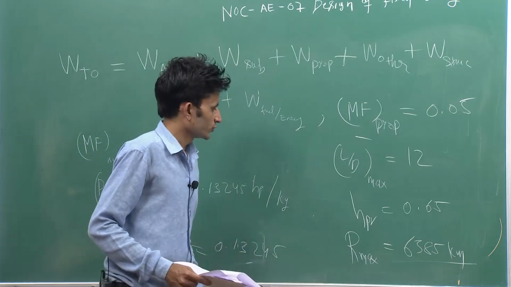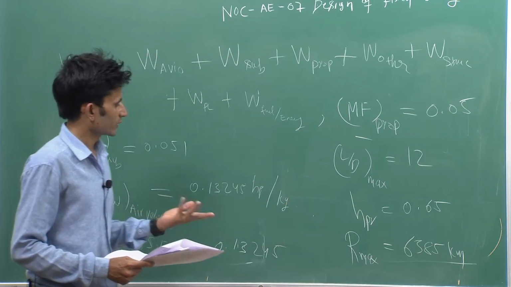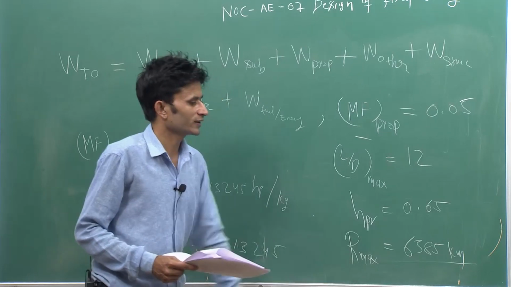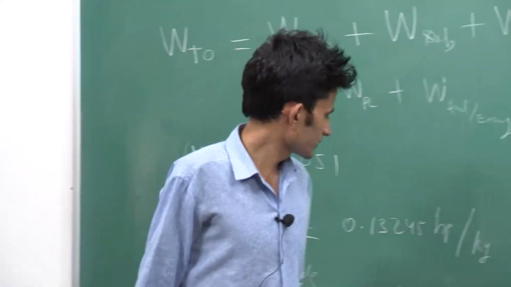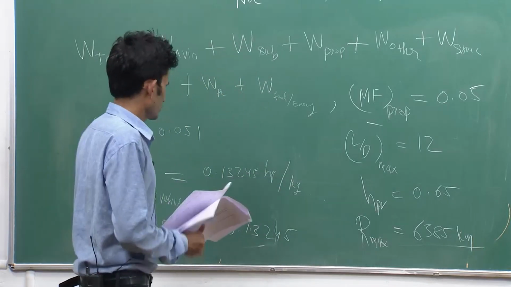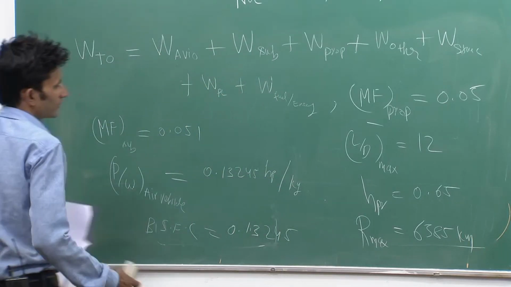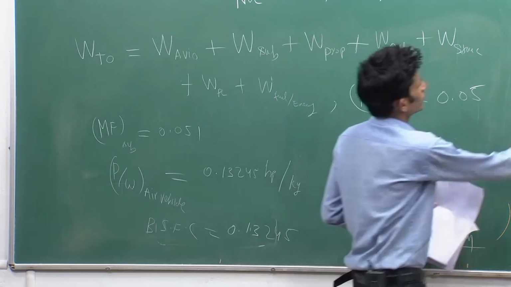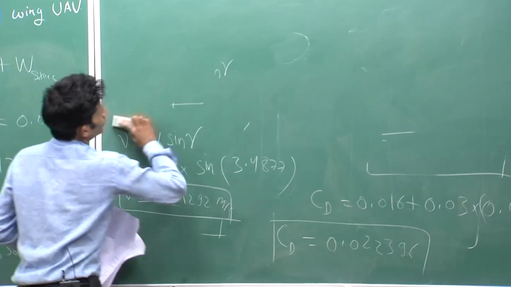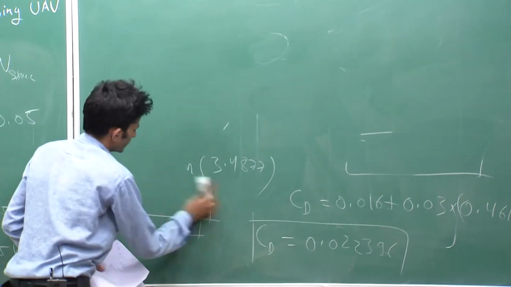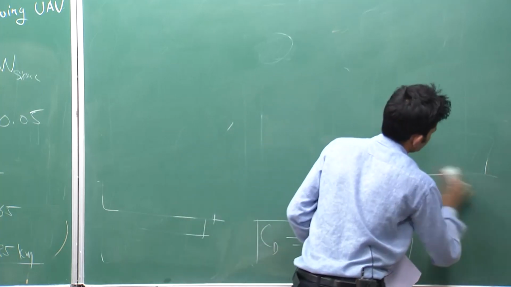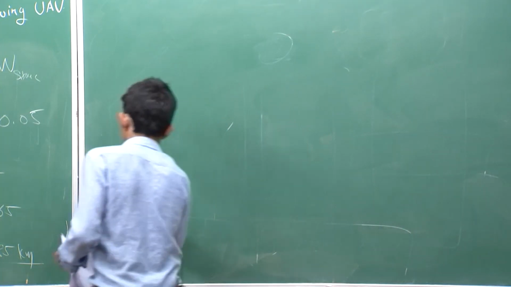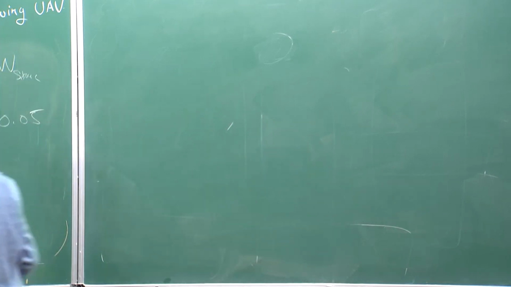So UAV is given, R max is given, so if you know the R max equation, the range is given. Most UAVs are propeller powered, right? So you can use the range formula to get the fuel mass fraction of this system.